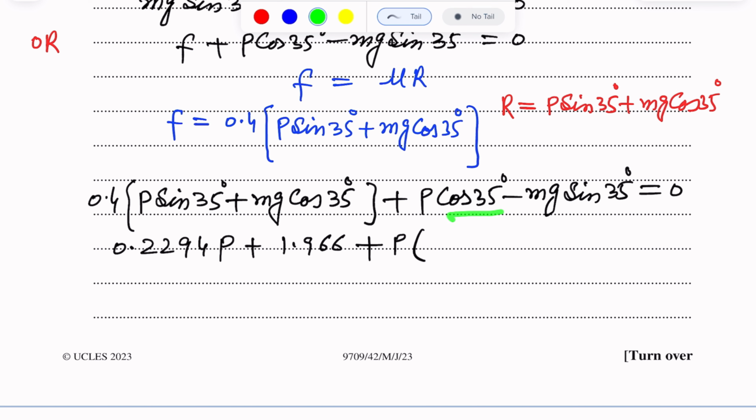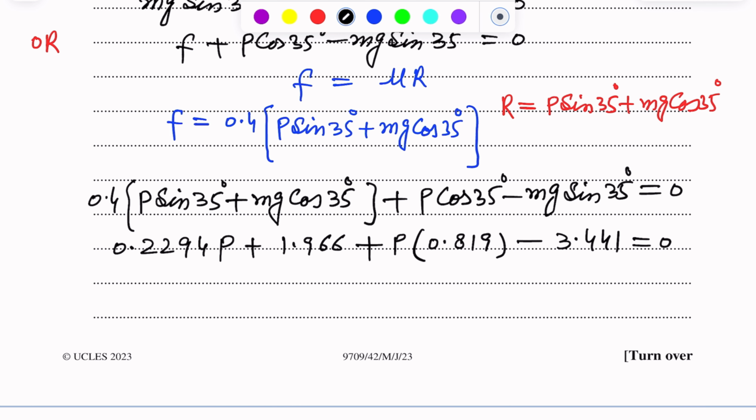The value of cos 35 is 0.819. Next, mg sin 35 degree: m is given, g is 10. Multiplying by sin 35 degree, after simplifying we get 3.441, is equal to 0.